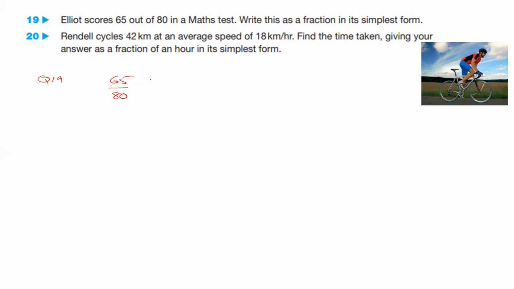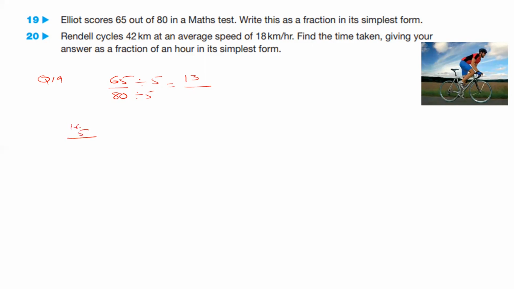Now we find the highest common factor between 65 and 80. So think of the highest number which can divide both 65 and 80. I think if we start with 5, we get the answer. 5 times 13 is 65, and 5 times what equals 80? 5 times 16.